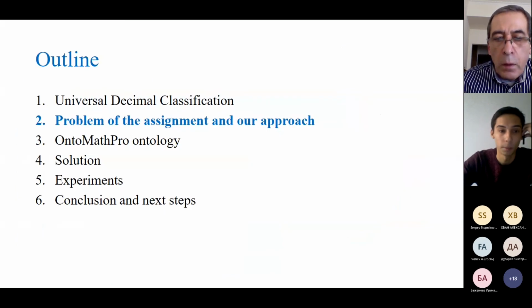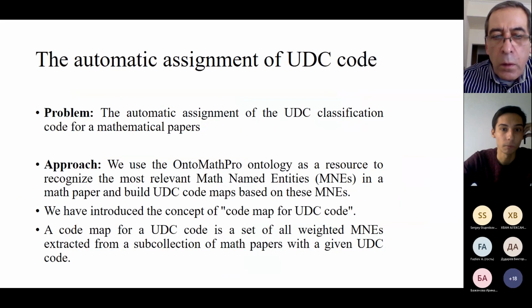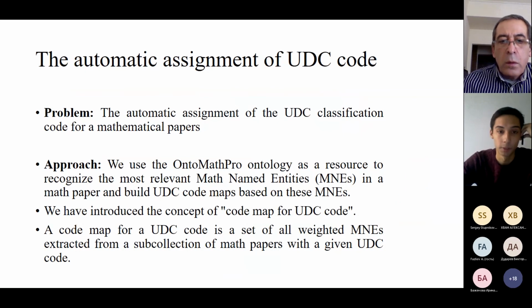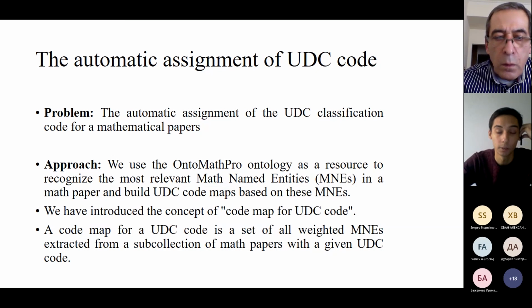Подробнее о проблеме и о подходе. В данное время классификация математических статей происходит с помощью работников библиотек и издательств, или код назначается самими авторами статьи.